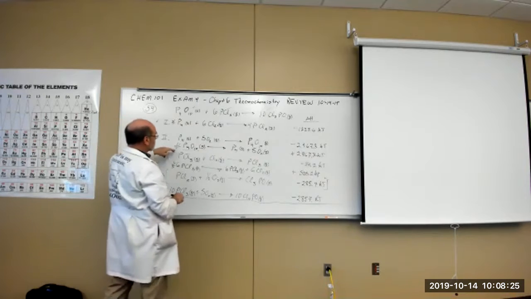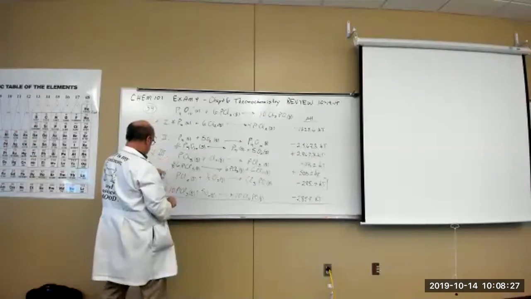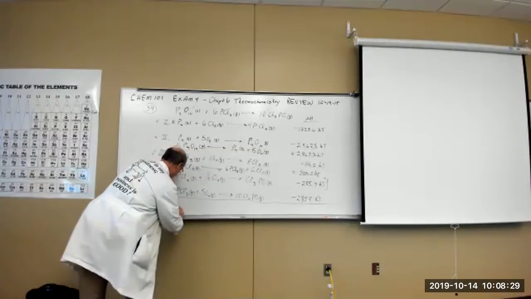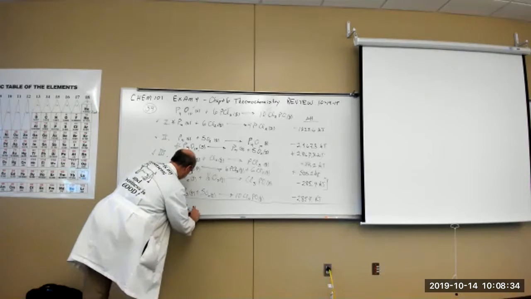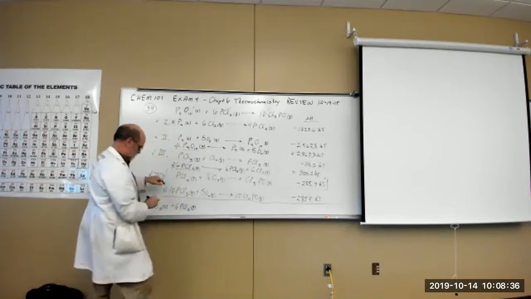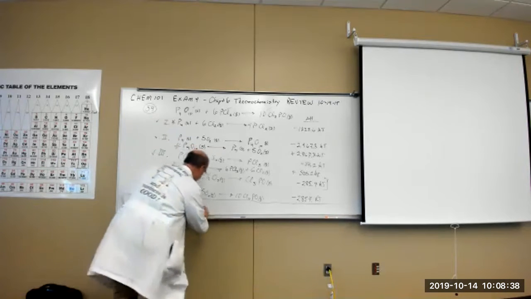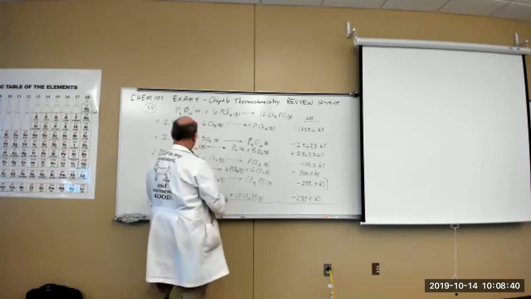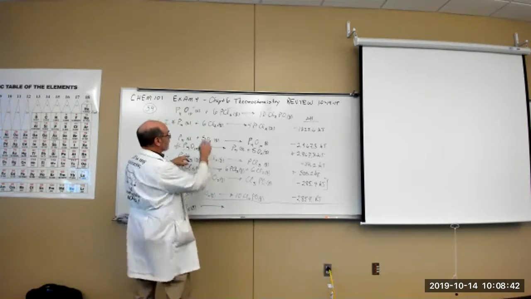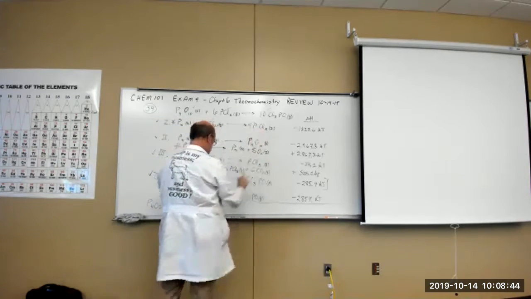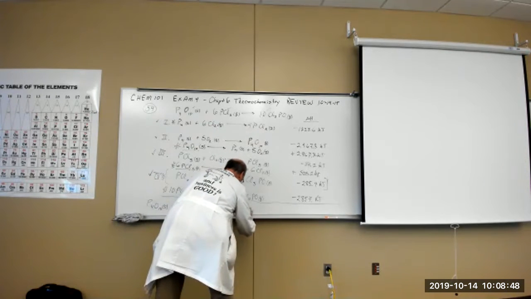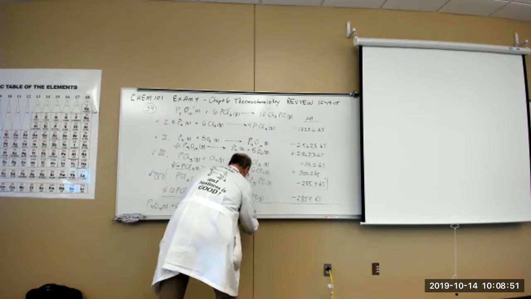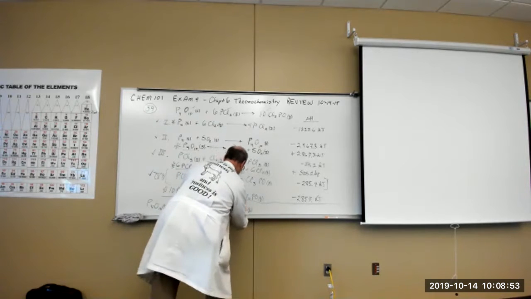And then we need 6 PCl5. Got that one. That one. Now we need 10 Cl3PO. Okay. That's this one.